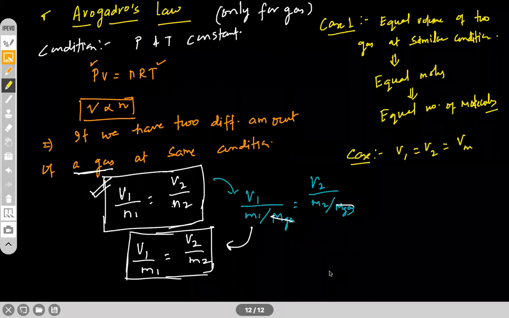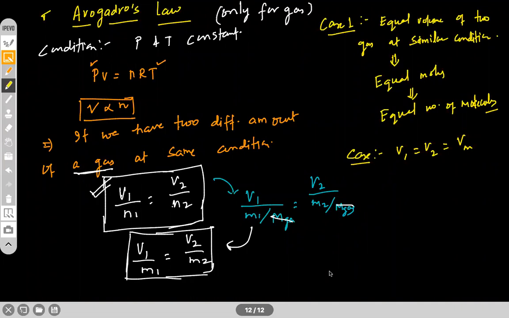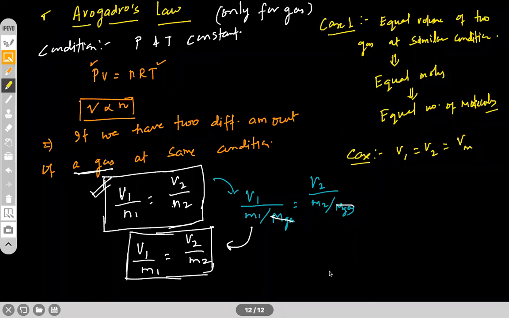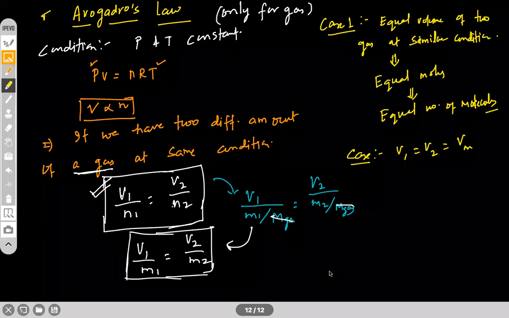Okay, so this statement you write down: the molar volume of all gases will have equal number of molecules, and this number is equal to the Avogadro number.